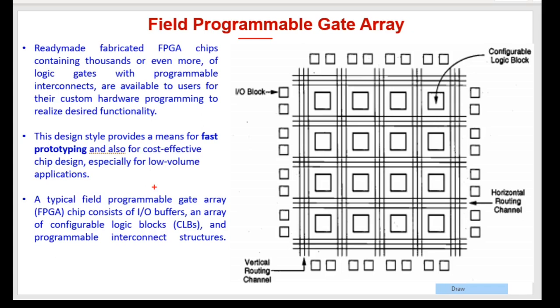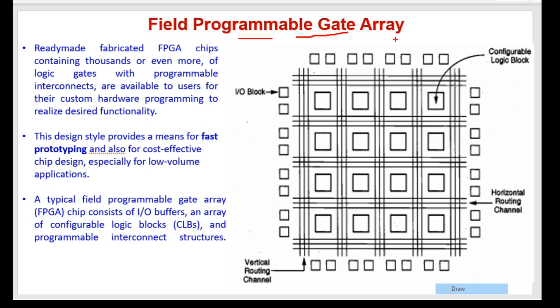Okay, now that particular tool, the Xilinx Vivado, is an FPGA tool. It means that it is used for configuring FPGA chips. So what is an FPGA, like an FPGA board?